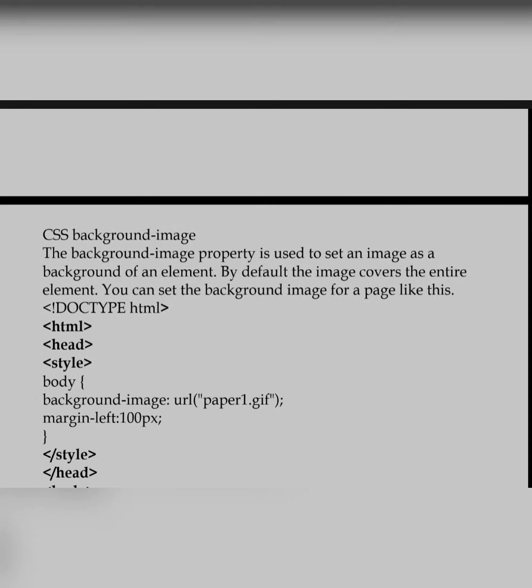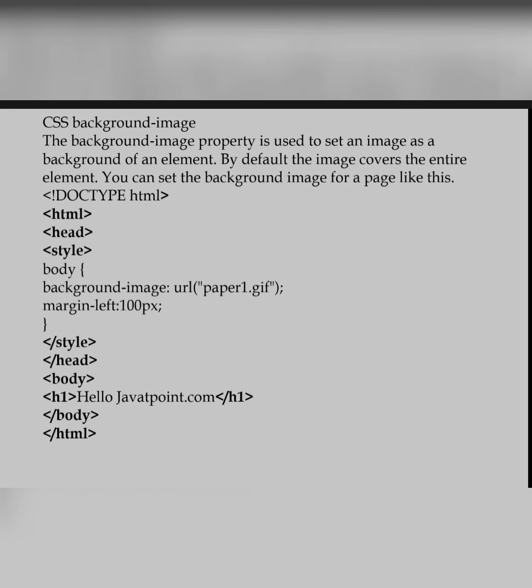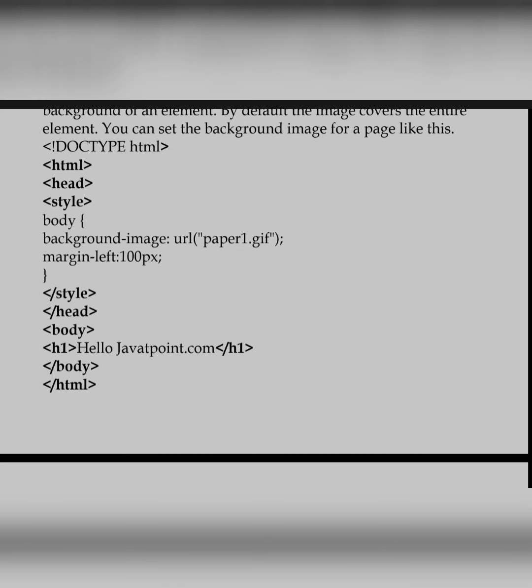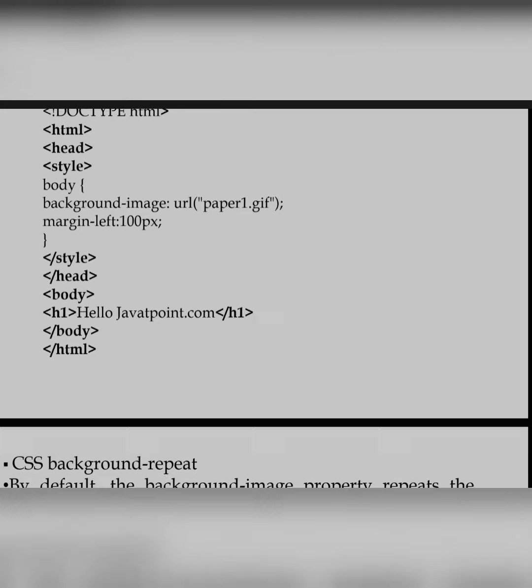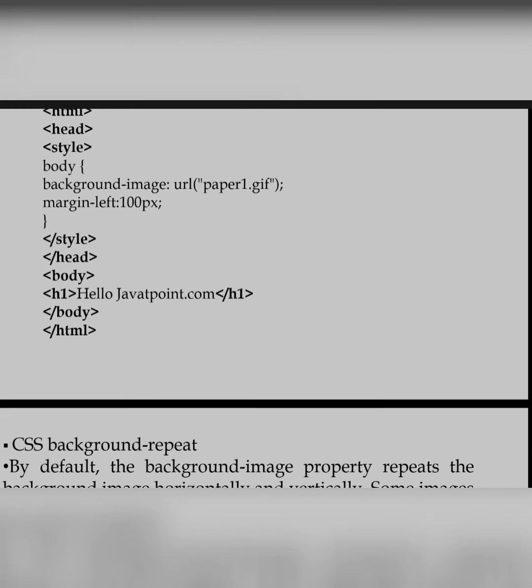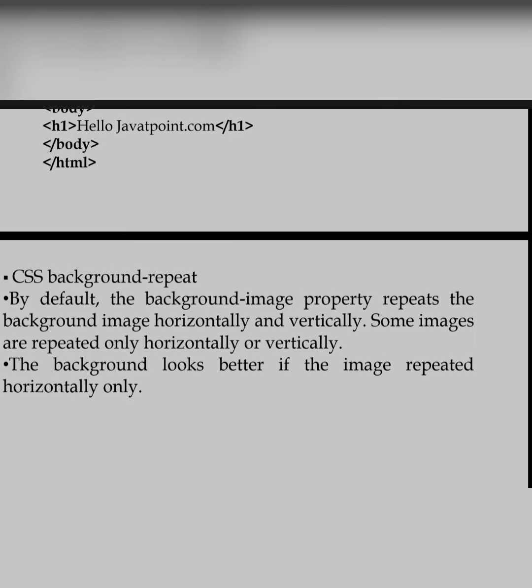CSS background image. The background-image property is used to set an image as the background of an element. By default, the image covers the entire element. You can set the background image for a page like this. Doctype html, head, style, body, background-image URL paper1.gif, margin-left 100 pixel. Style, head, body, h1 Hello Java T Point, body, html.